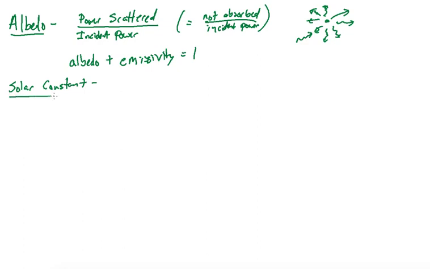And what the solar constant is, is our average thermal energy per unit area incident upon Earth, and that's coming from the sun.